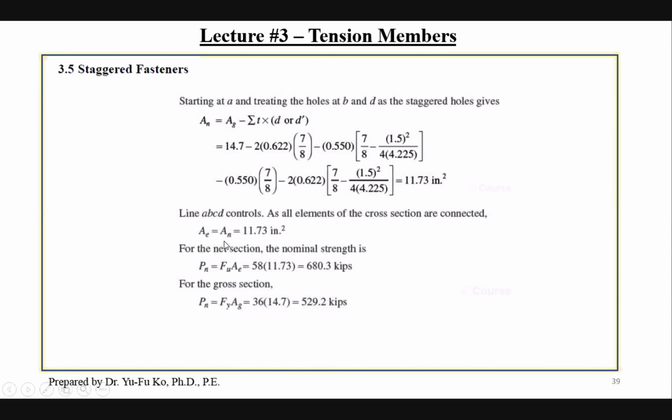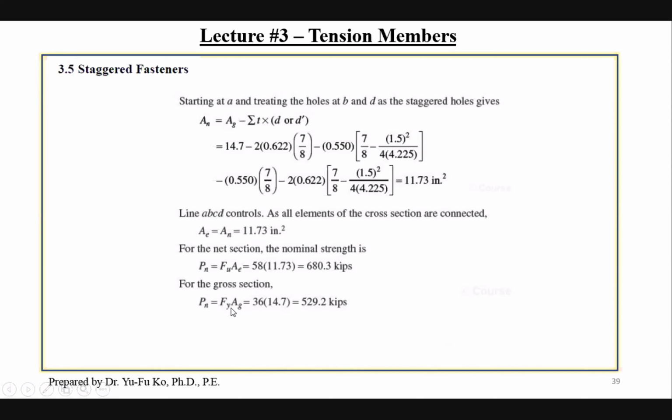So AE is equal to A net, which is 11.73 inches squared. So for the net section, the nominal strength for fracture is FU times AE. So it's 58 times AE, which is 680 kips for nominal strength based on fracture.